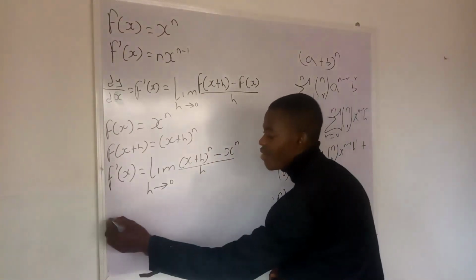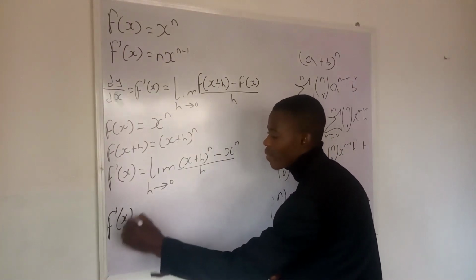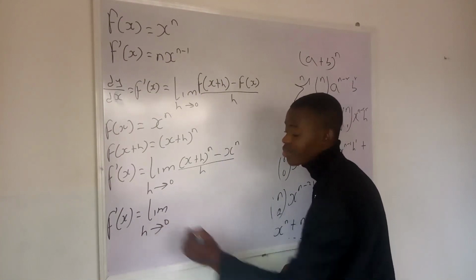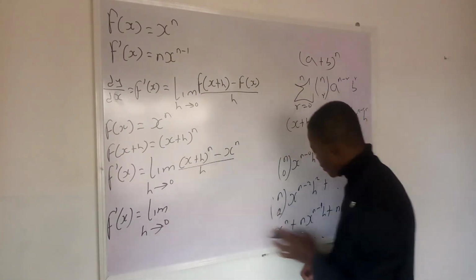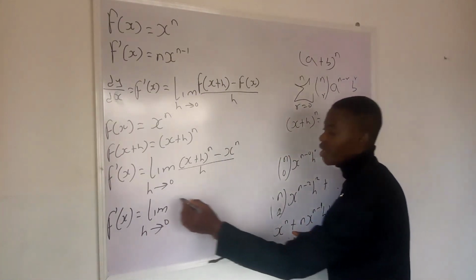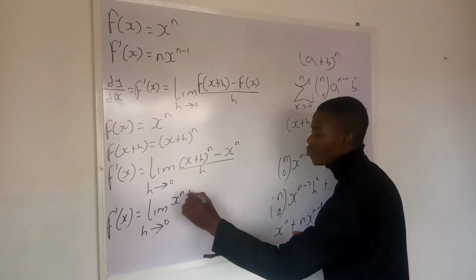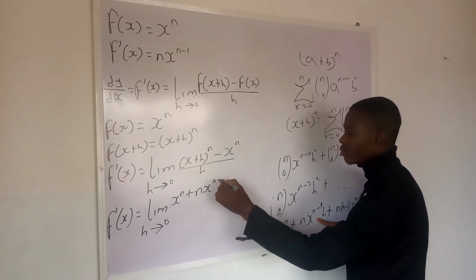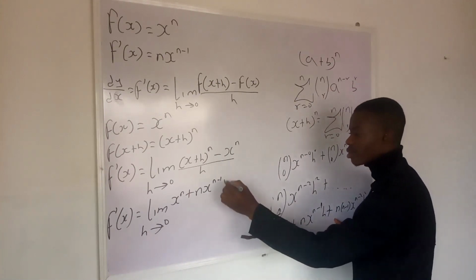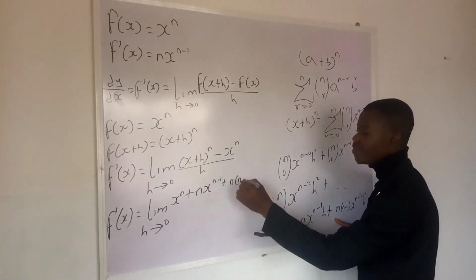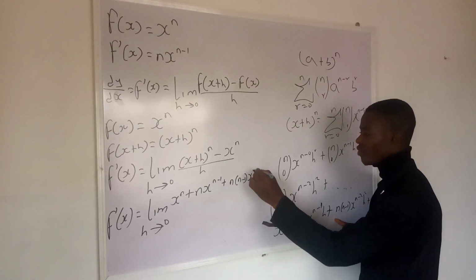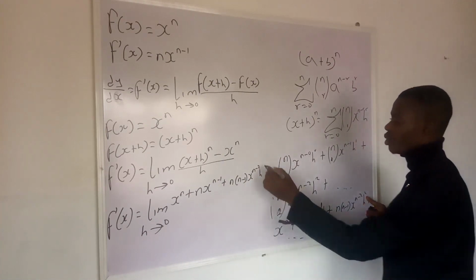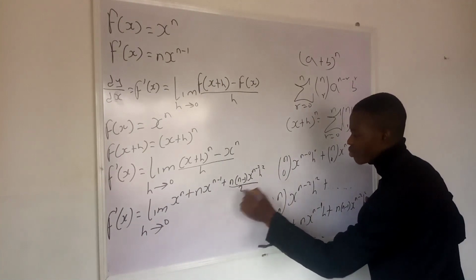And therefore, we now have f prime of x equal to the limit as h approaches 0. This is replaced with this. Now x to the power of n plus n x to the power of n minus 1 h plus n minus 1 x to the power of n minus 2 h squared, then this is divided by 2.